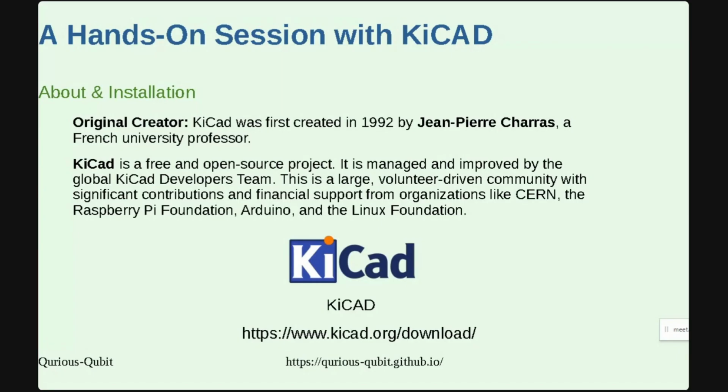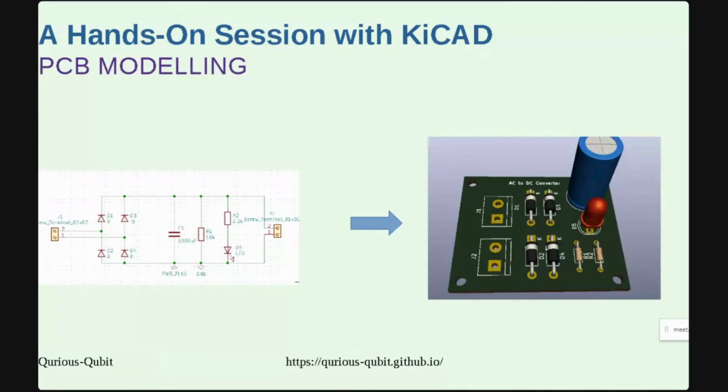So in 1992 he came up with KiCad as an open source project, and currently it's managed by the KiCad developers team, and it attracts large funds from volunteers like the Raspberry Pi Foundation and Arduino. So it's a highly regarded software for PCB design, and today we'll be starting our PCB design with a basic AC to DC converter.